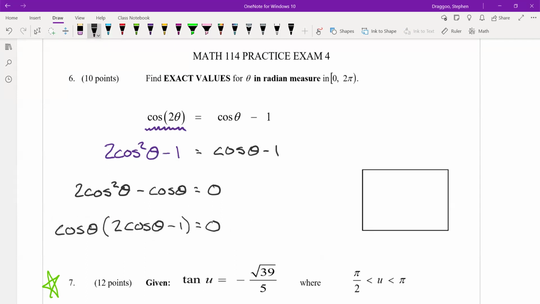And now I've got 2 things that multiply together to get 0, which must mean that one of those 2 must itself be 0. So either 2 cosine theta minus 1 equals 0, or cosine theta itself is 0.